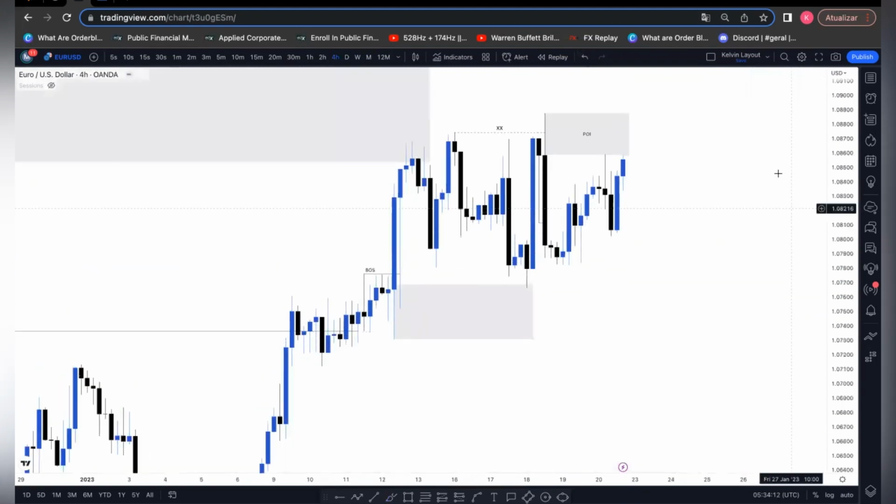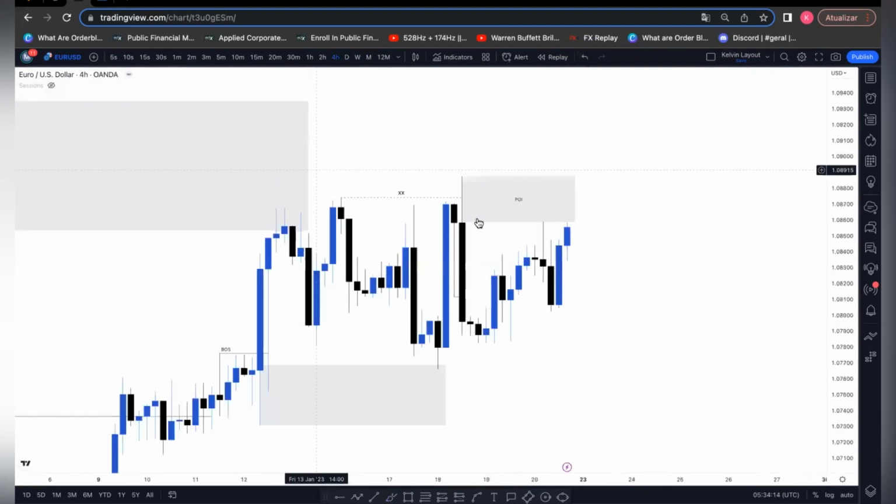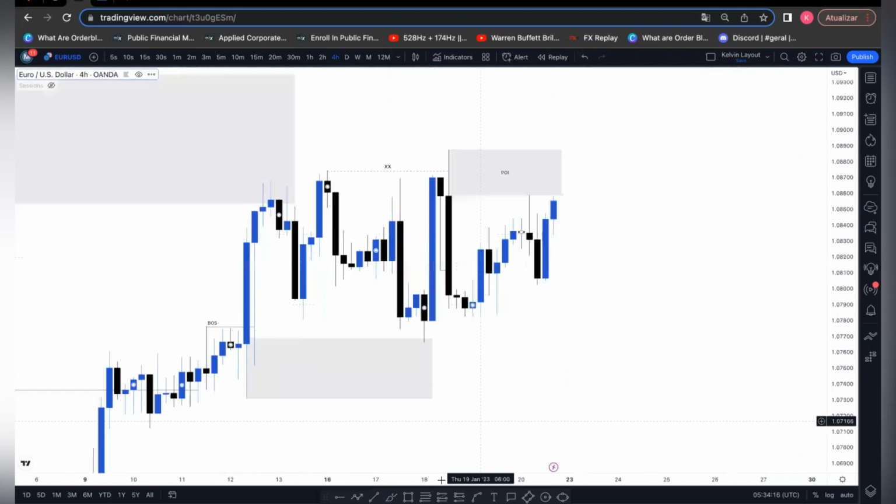So if I bring price to the 4-hour, we can understand something very important right here. We had this low, then we had this high, then low, then price created this high. What happened is that this high was never broken with a body. Price dropped this week right here. It failed to close above.